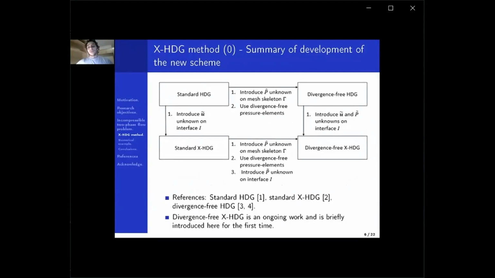So in this development, we focus on the use of a formulation that satisfies the divergence-free condition of the incompressible Navier-Stokes equation to the level of machine accuracy.